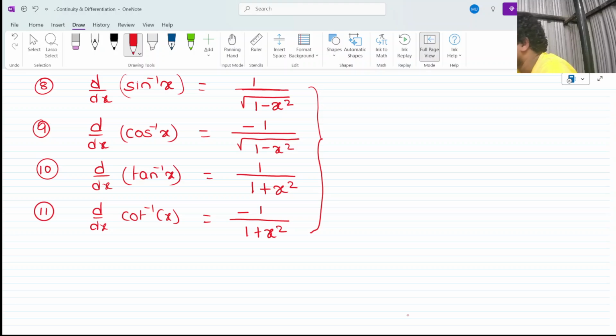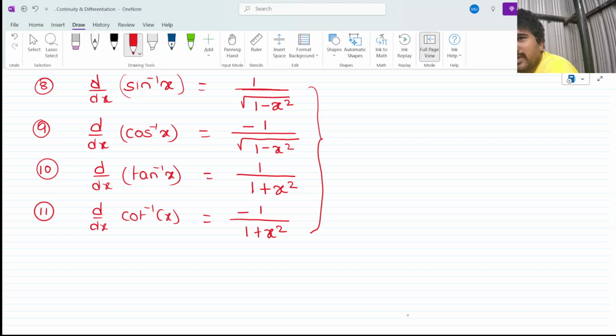Cos inverse x: minus 1 by root of 1 minus x square. Tan inverse x: 1 by 1 plus x square, no root. Cot inverse x: minus 1 by 1 plus x square.